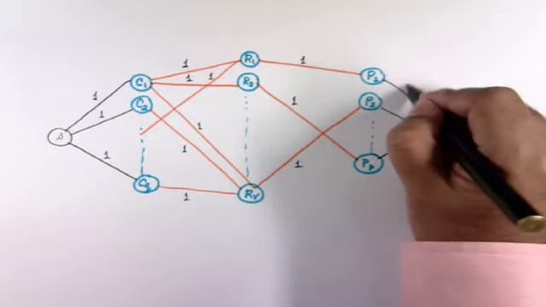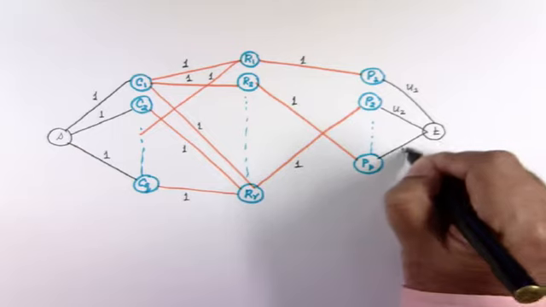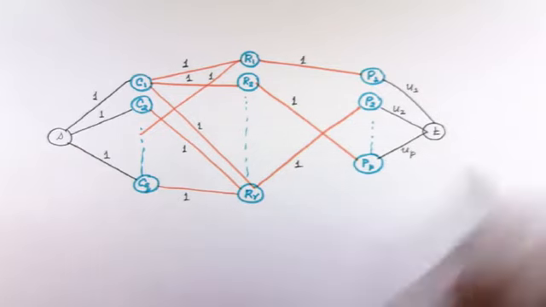So this will be U1, this will be U2, this will be UP. Then we solve the max flow problem.